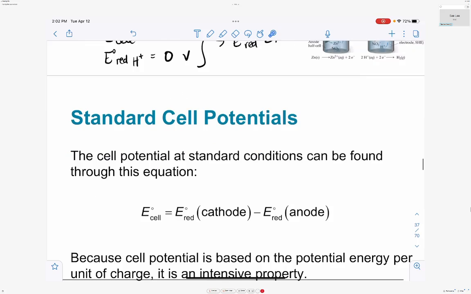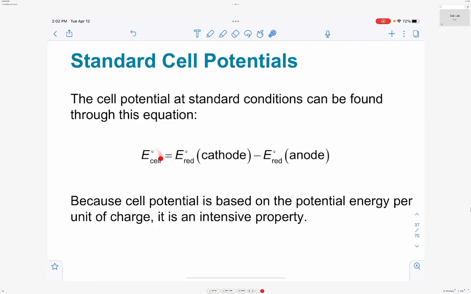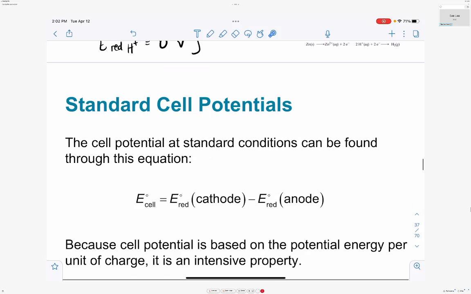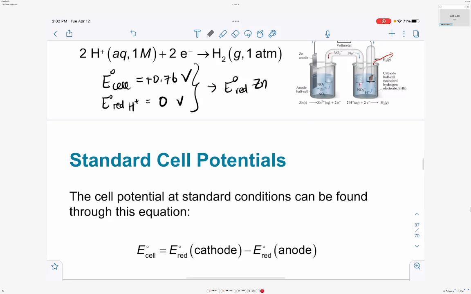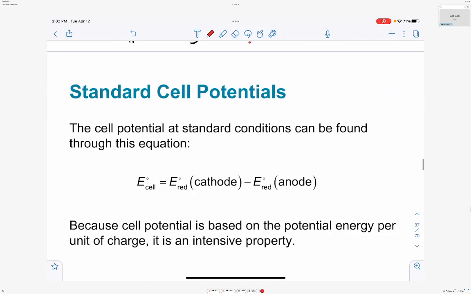So the cell potential can be found through this equation: reduction potential at the cathode minus reduction potential at the anode. If we want to find the reduction potential of the zinc, we need to rearrange this equation and find the unknown reduction potential at the anode.